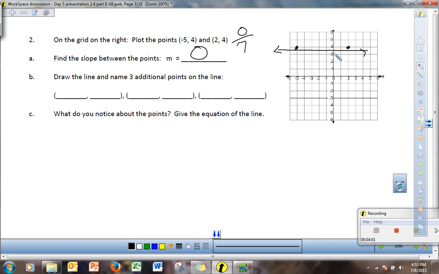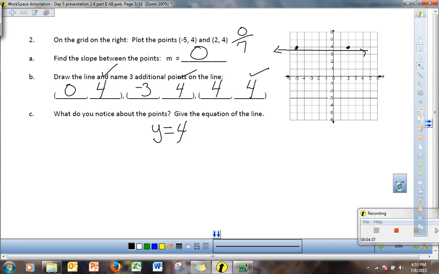I might name the point (0, 4), the point (negative 3, 4), and the point (4, 4). Once again, guys, that part doesn't matter, but notice that all of my y values were 4. So the equation of that is y equals 4.